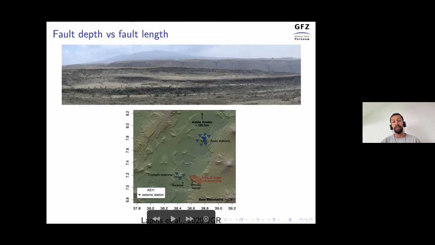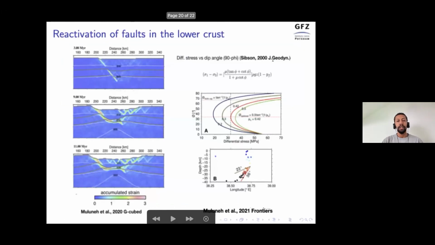So we expect that this fault penetrates deep into the Earth's crust. So the fault will be reactivated because of this pore pressure diffusion. And this is also in perfect agreement with our modeling results, where we see the formation of a flat-ramp structure.